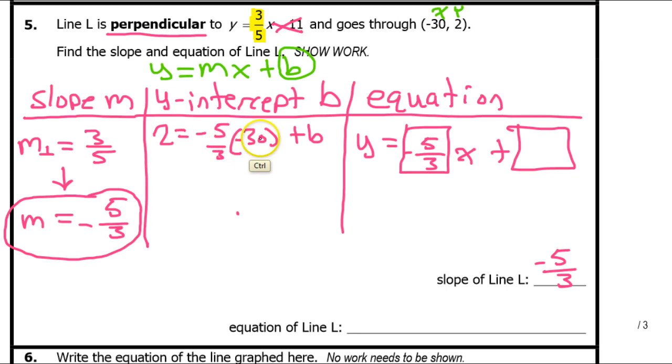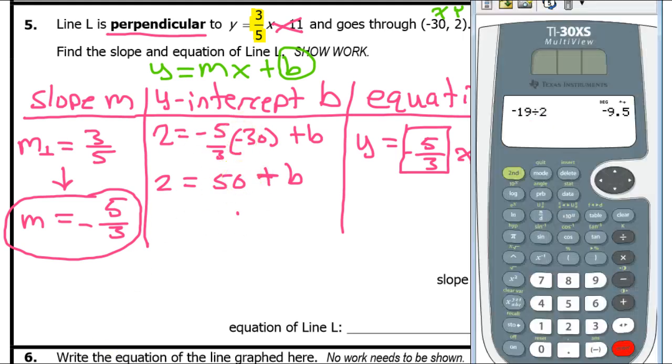3 goes into 30 10 times. 10 times 5 is 50. So I know it's going to be positive 50. Now, if that sounded like nonsense to you and you don't see where I got the 50 from, then I would recommend using a calculator.